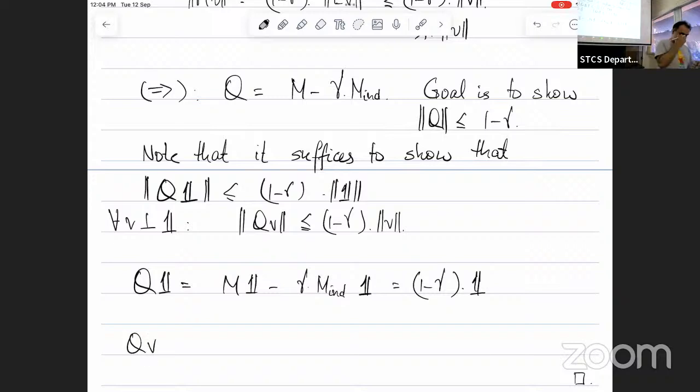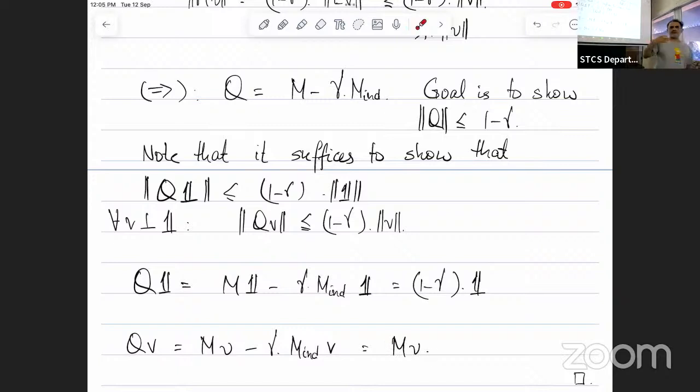What is QV, where V is orthogonal to the all ones? So this is going to be MV minus gamma times M_int of V. And M_int of V is just 0. So this is nothing but MV.